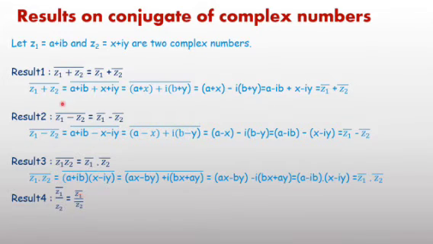So in this pattern, for addition, whole conjugate is the sum of conjugates; for subtraction, the difference; for multiplication, you get z1 bar into z2 bar; and for division also it is applicable: z1 upon z2 whole bar is equal to z1 bar upon z2 bar, with the condition that the denominator is not equal to 0, meaning z2 is not equal to 0.